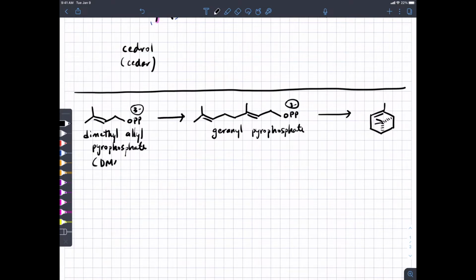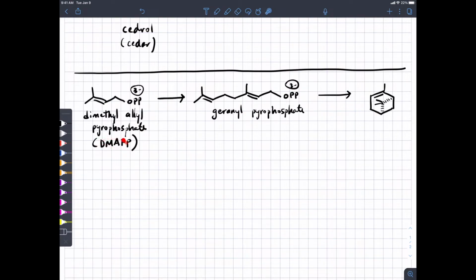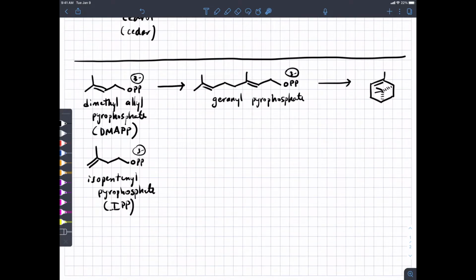Your text will call it diphosphate. Your biochem text will abbreviate this as DMAPP or something like that if you insist on pronouncing it. And then the other is isopentenyl pyrophosphate, or we'll call that IPP. And those are the two starting materials.